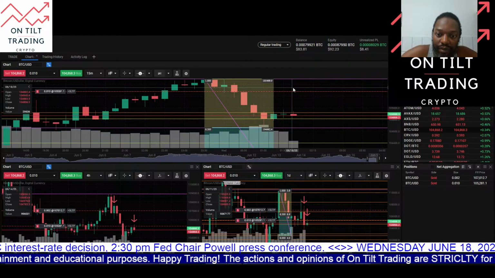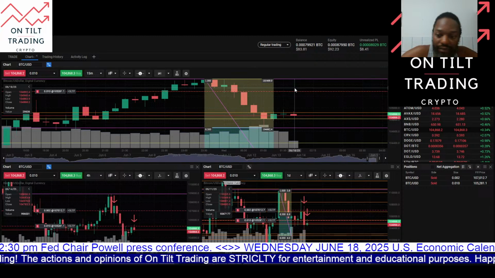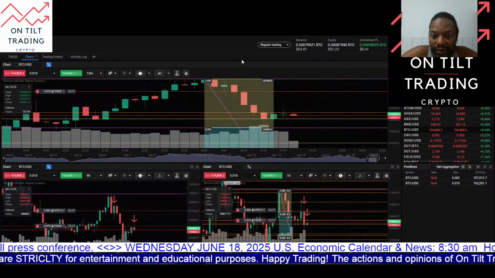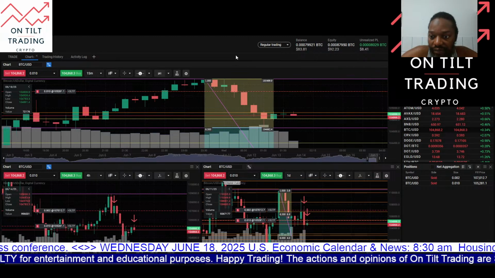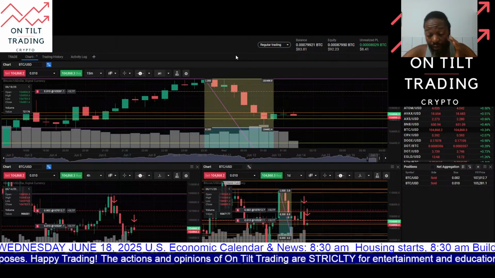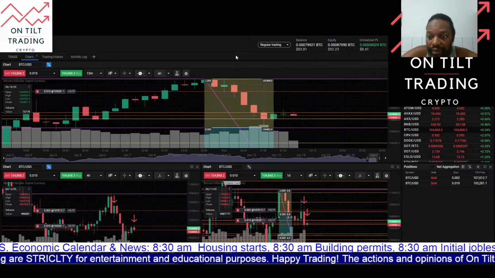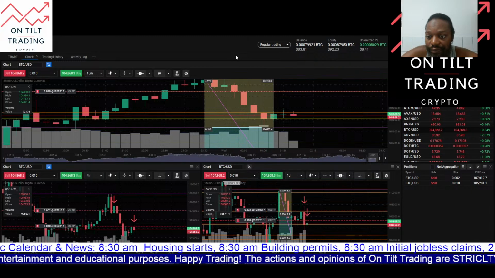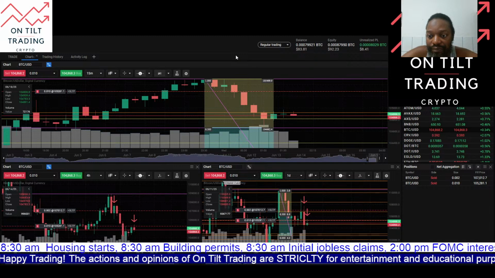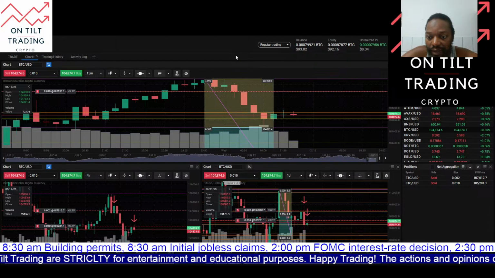Now, Bitcoin may be putting in a new low for this candle. Current low is 104,863.5. Currently less than $5 away from that current candle low. And price consolidating.